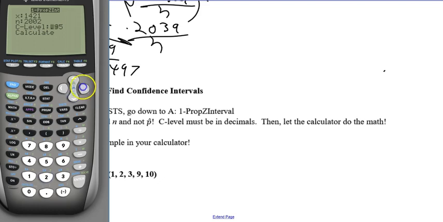This was a 99% level. And then you hit enter, enter. And it gives you your range. So 71% is what we had. 68 to 73. It's just a way on the calculator you can verify what you already did mathematically. It's up to you whether you want to use it.